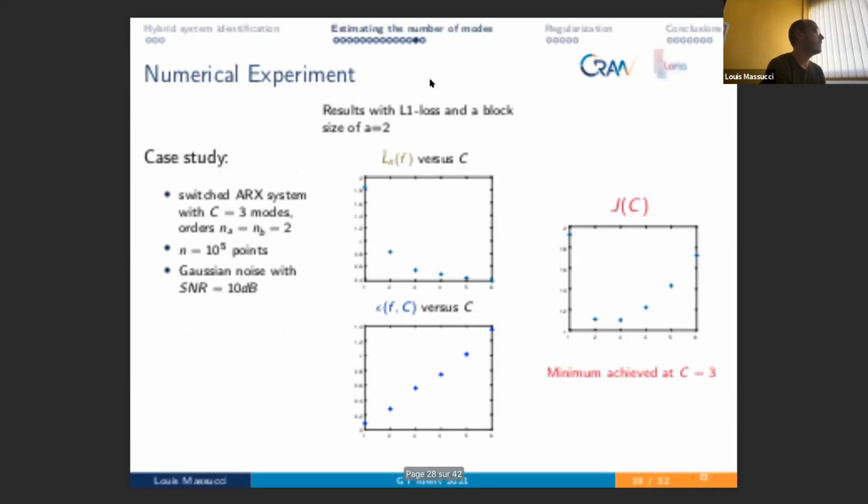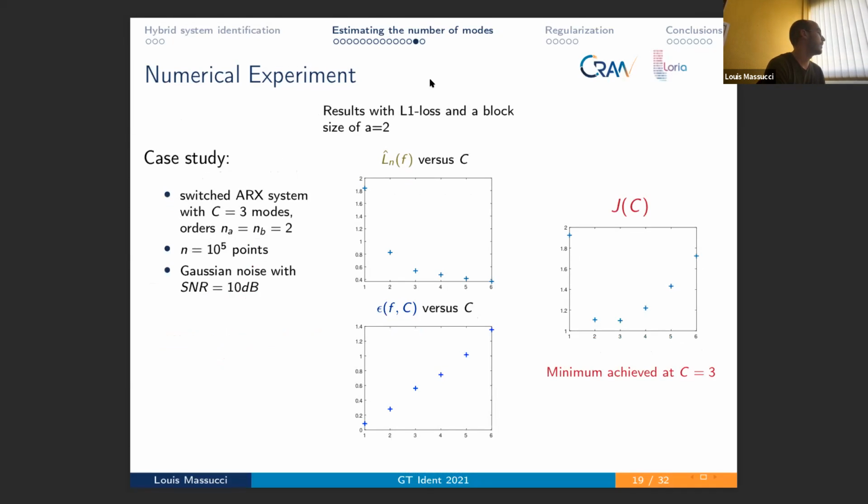The difference could be in the fact that we can run this experiment for as many modes as we want. This method is not algorithm dependent. We can apply this method with any algorithm we want, so any identification algorithm we want. And it is not dependent on the type of noise.